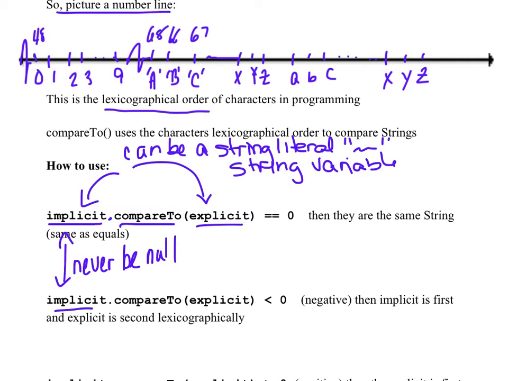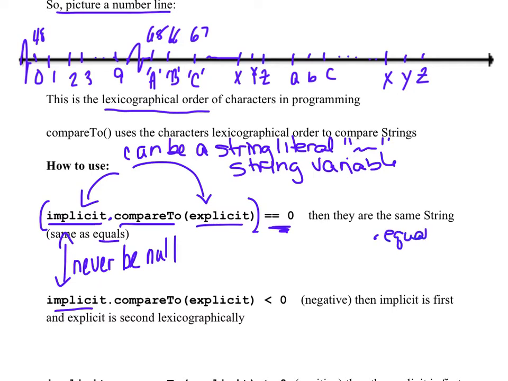Now, when we use this, we're generally going to use it in a condition. Right now, all we have for conditions are if statements. This thing sends us back a number. And if that number, using these ASCII codes, is equal to 0, they are the same string. This is the same as dot equals.